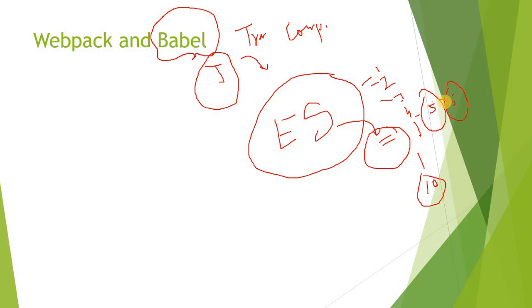Every browser, Internet Explorer, Chrome, Firefox, Safari, can understand concepts up to ES5. Concepts greater than ES5 cannot be easily understood by the browser. That's why we use the transpiler, that is Babel.